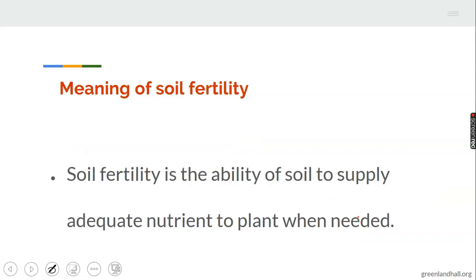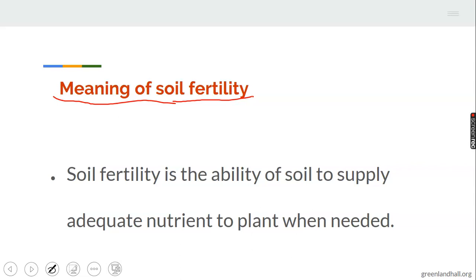Then let's go to the topic proper, meaning of soil fertility. Before defining soil fertility, I would like to remind us of the meaning of soil. Soil is simply defined as the thin surface of the outermost layer of the earth crust which supports the growth of plants.